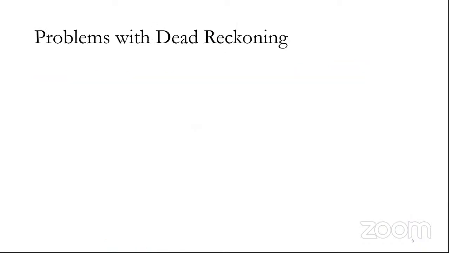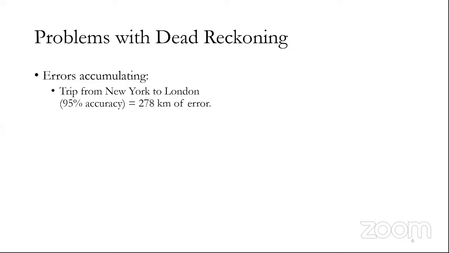Now, there are some problems with dead reckoning. Since we have a lot of calculations, you have to calculate your speed, your heading, time. Errors in measurement would accumulate over time and would cause significant errors. Let's say, for example, one is taking a trip from New York to London and is calculating all these measurements, speed, time, and heading, with 95% accuracy.